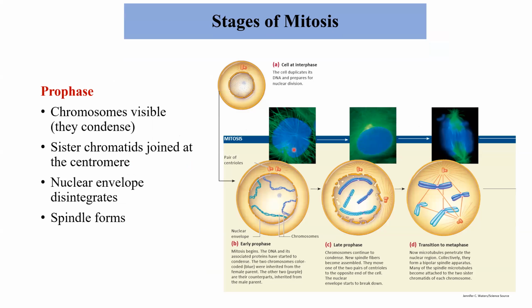So in prophase, your DNA is loose. It's spaghetti-like is what it's usually referred to as. You have two chromosomes, and here it's shown as blue and purple. Your DNA is enclosed in the nuclear envelope, and you have your centrioles shown here.